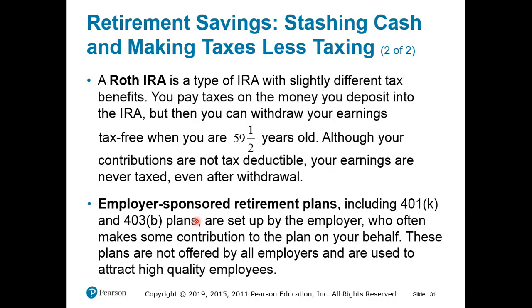Okay, so here, Roth IRA is a type of IRA that has slightly different tax benefits. You pay taxes on the money you deposit into the IRA, but then you can withdraw your earnings tax-free when you are 59.5 years old. Although your contributions are not tax deductible, right, your earnings are never taxed even after withdrawal, which is a great advantage because you don't get taxed on your harvest.